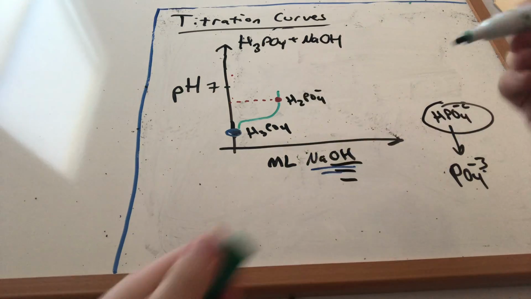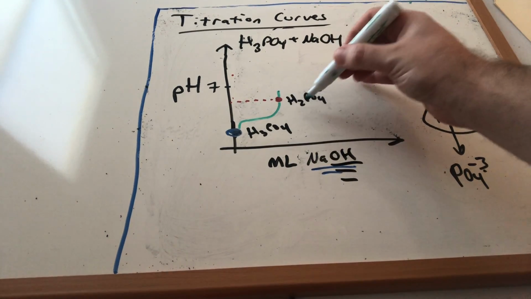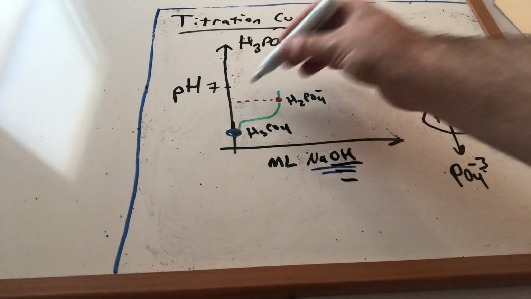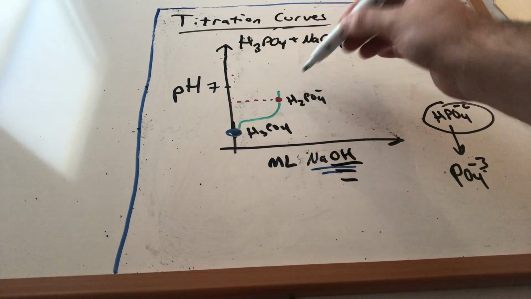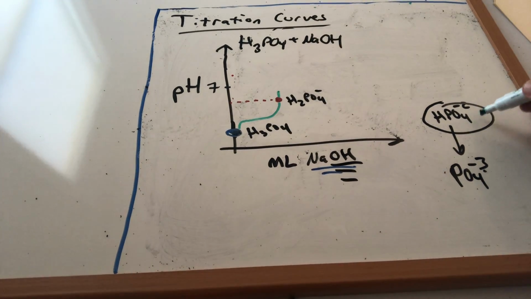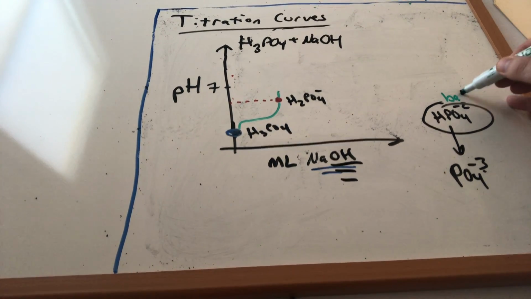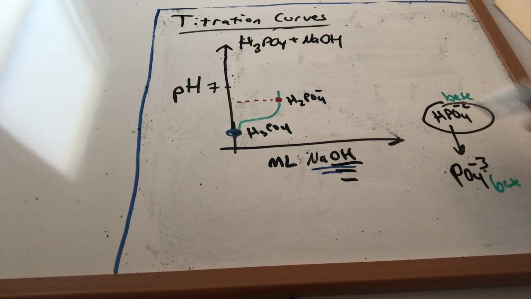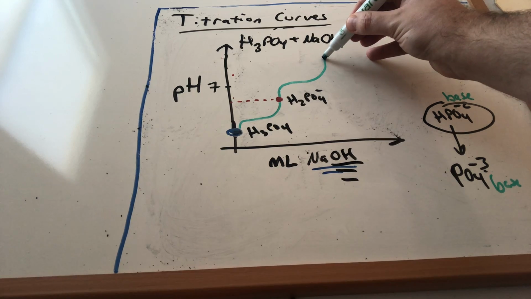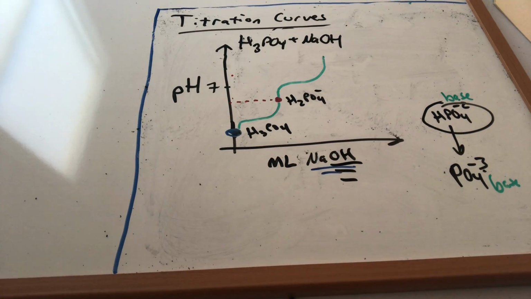After this first proton is removed, we figure out that this conjugate, because of our Ka and Kb analysis, likes to be an acid. So where do we line that point up to? Someplace less than 7. This guy we found was a base, and so was this. So what we're going to get is another buffer region. And then we're going to get another vertical region.